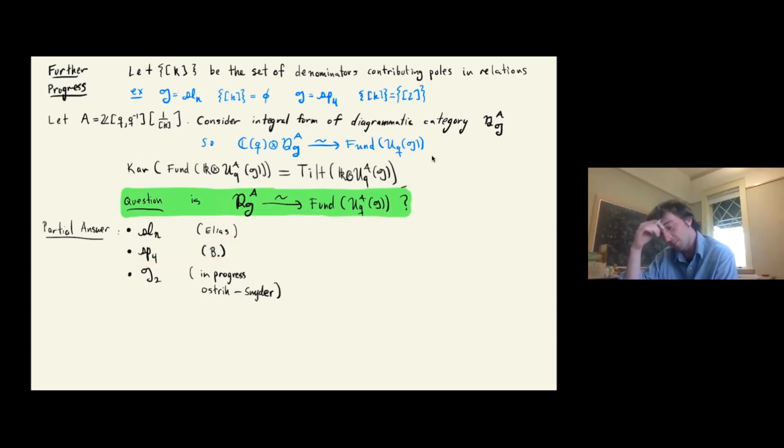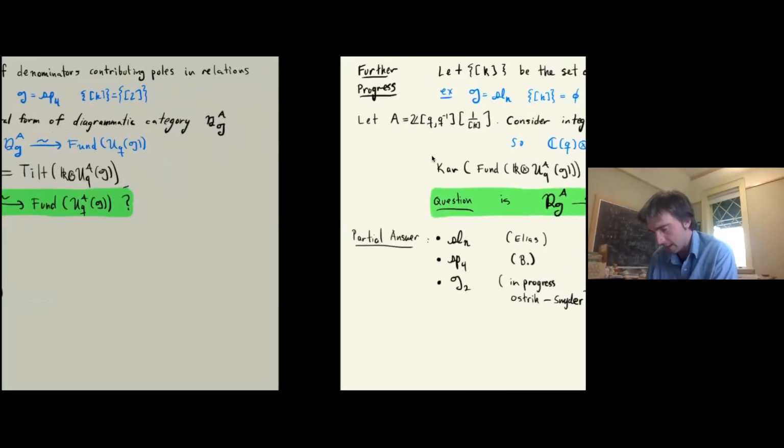This was something done before the Sp2n Webb category had been written down, in parallel to some work in progress for the other rank 2 case, from Cooperberg's paper for G2, which Victor Ostrik and Noah Snyder are thinking about.